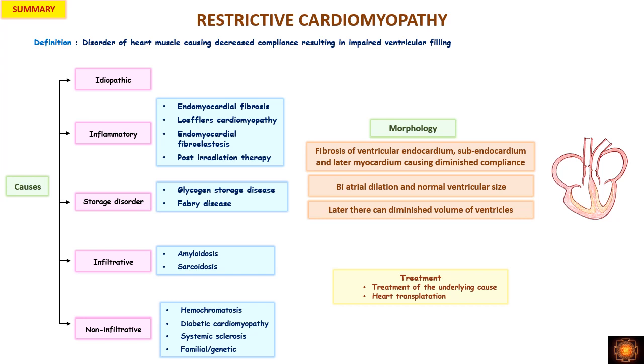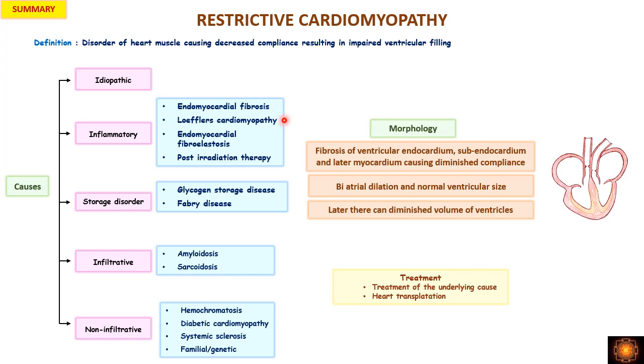So if we see the summary, first we should know the definition. The definition is a disorder of the heart muscle where you have decreased compliance resulting in impaired ventricular filling. Now the causes, we have divided them into five categories: idiopathic, inflammatory, where we have endomyocardial fibrosis because of some inflammatory reaction.